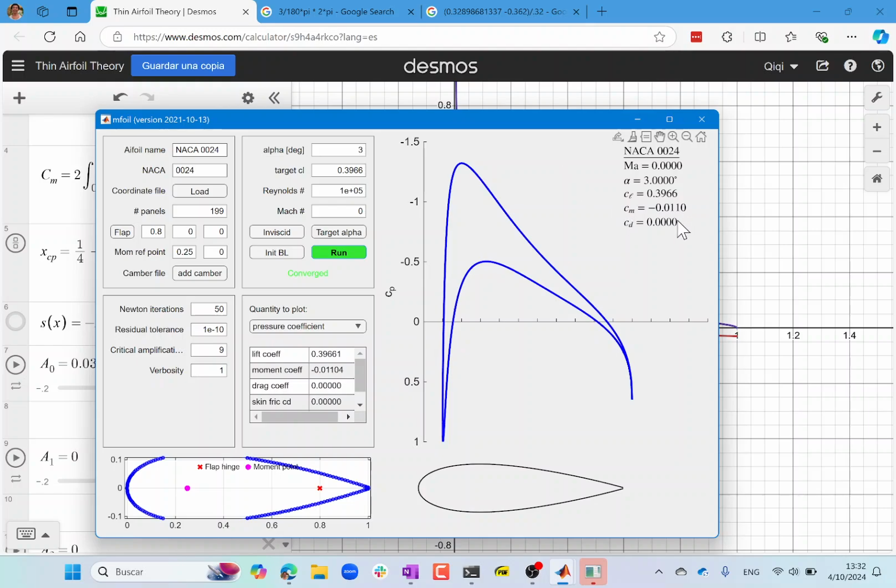Also, CM is minus 0.11 instead of minus 0.004. So the amount of error in the center of lift also increases, and this is probably going to be more than 27% of the chord if you plug in the numbers to calculate. All right, so this is for a thicker airfoil.